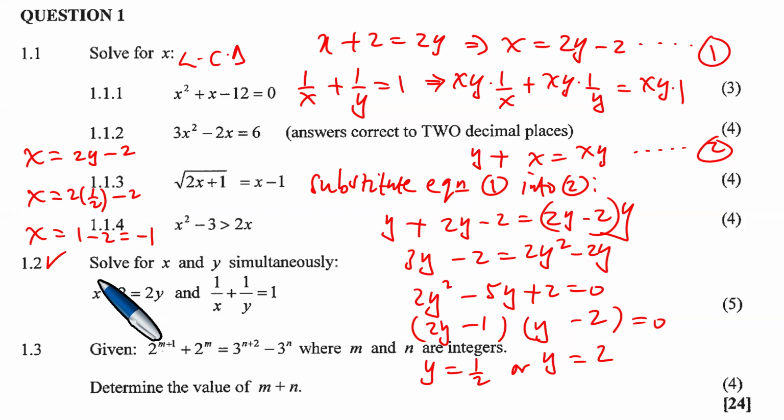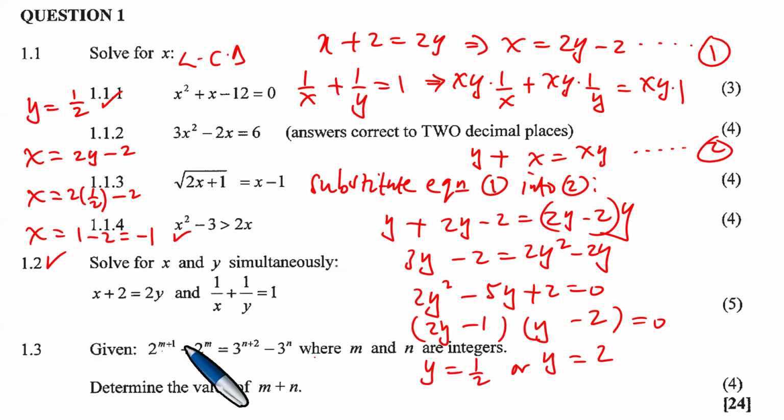So we got exactly those results there, and we are able to see therefore that the result is exactly minus 1 for one of the x values: wherever y is 1/2, our x is exactly minus 1.